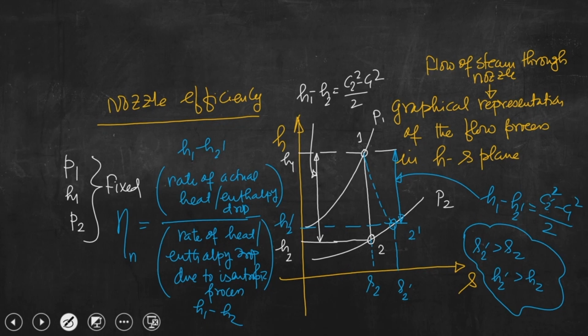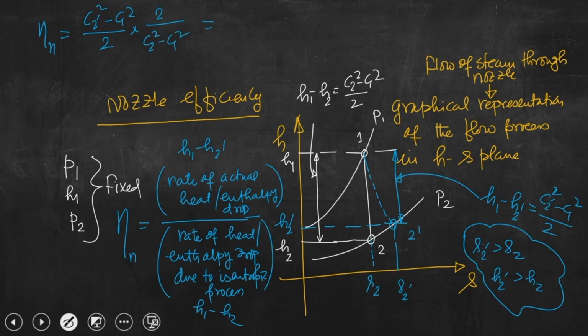So, if we ignore the effect of C1, eta nozzle equals C2 prime square minus C1 square divided by 2, into 2 divided by C2 square minus C1 square.